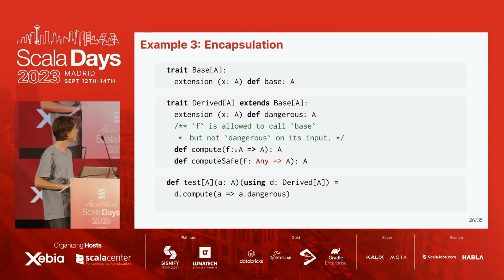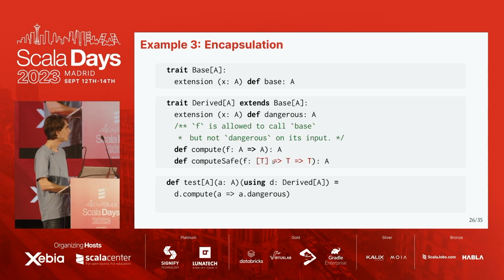Because now I cannot call A.base either. So let's try something different. Let's make it a polymorphic function. It doesn't seem like that really solves the problem either, because I'm just saying f can take any type t, and then the callback goes from this t to t. But I still cannot call base inside my callback, for example.